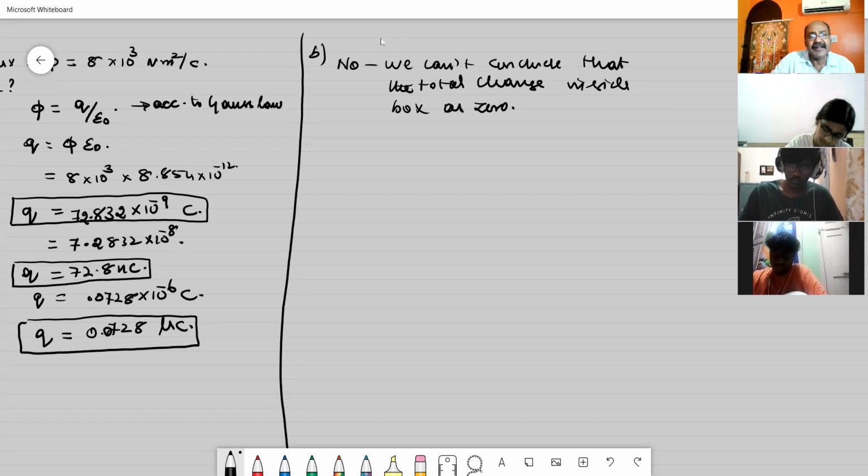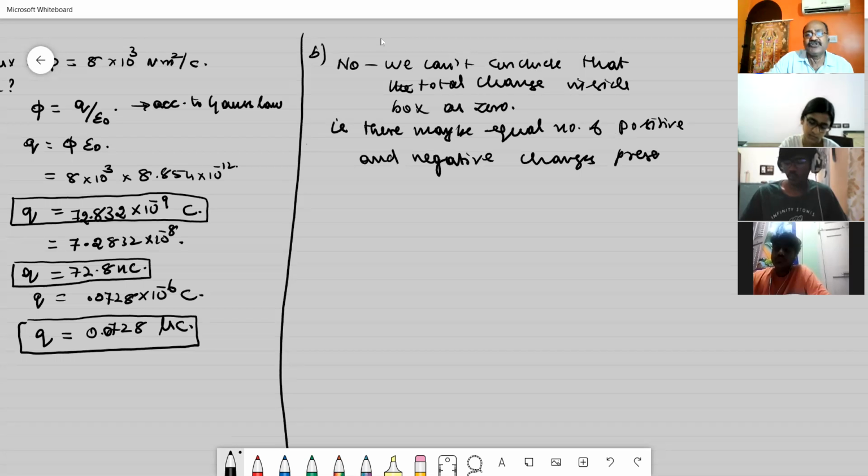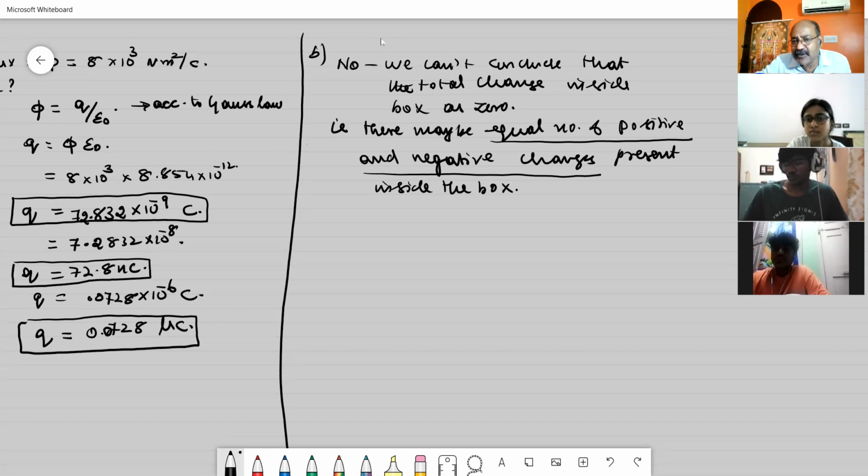Okay, the next one. Why is it so? There may be an equal number of positive and negative charges present inside the box. If that is the case, according to the additive nature of charges, the total charge will become 0.